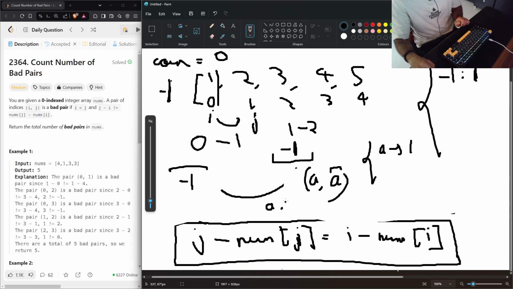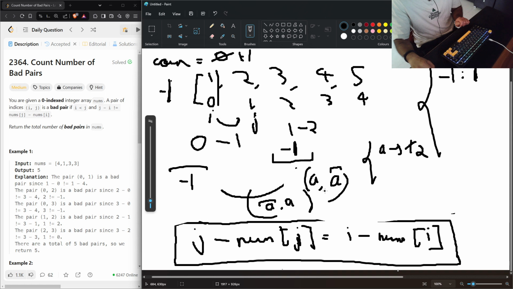To know that, it is nothing but the current count of a that we have in the hash map, which is 1. So we add that, and currently we have one single pair with this new a coming in. That is why we update the count with the current value of a in the hash map, which is 1. So this count gets updated with a +1. Now since we have one more a, the hash map count has to be increased from 1 to 2.